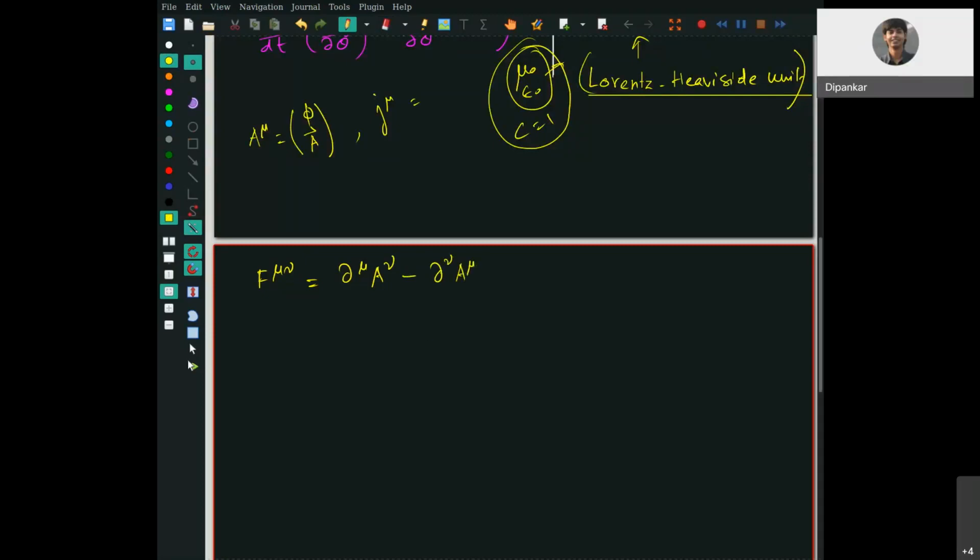And mu nu runs from 0 to 3, so mu equals 0, 1, 2, 3, and nu likewise. The first thing you notice is that F mu nu is antisymmetric, so the diagonal terms would be 0. For example, the 0,0 entry is 0, and so on. It's a 4 cross 4 matrix. The diagonal entries will be 0. I want you to calculate the off diagonal entries.